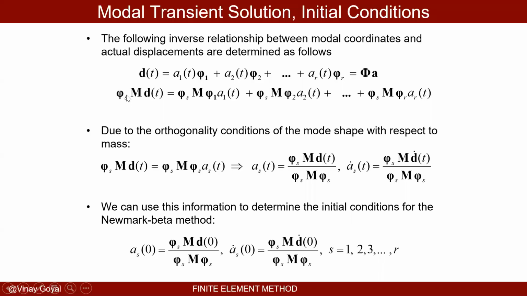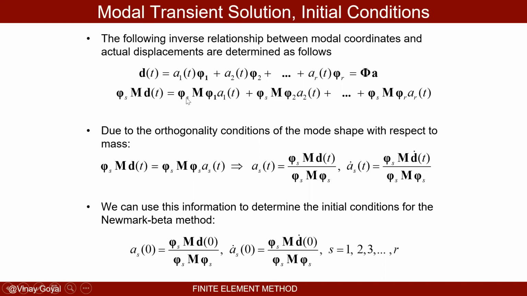So I'm going to do a little trick. I'm going to pre-multiply this equation by a particular mode shape that I will select times M bold. I'll select one of them times M bold, and I'll pre-multiply throughout all these equations. This could be mode shape number 1, 2, 3, 4, 5, whatever. Let's assume s is 1.